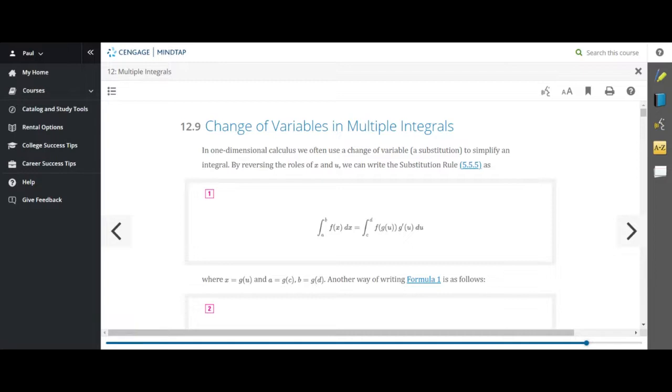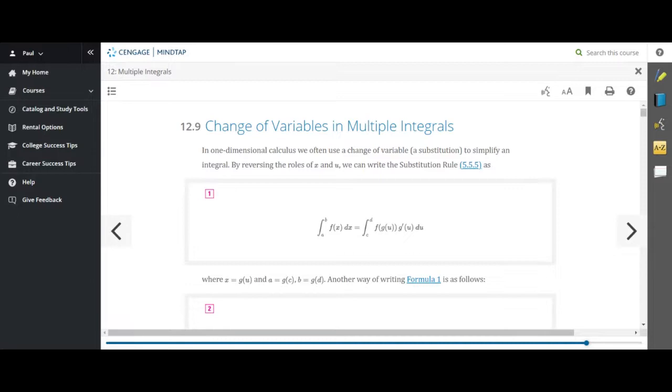Well, anytime you do a substitution, you're effectively changing the integral with respect to one variable into an integral with respect to another variable. And that effectively changes how the area under the curve looks, because you're also changing the curve as well.